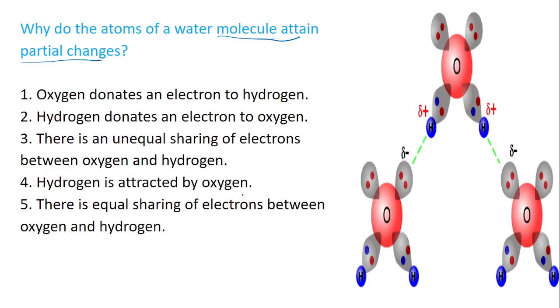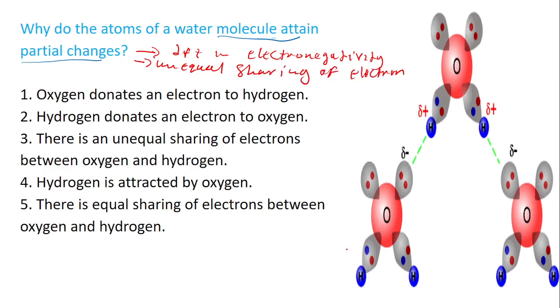This is because of the difference in electronegativity, and then also an unequal sharing of electrons. You need to understand that this unequal sharing of electrons is in such a way that the electrons are mostly pulled towards the nucleus of oxygen.